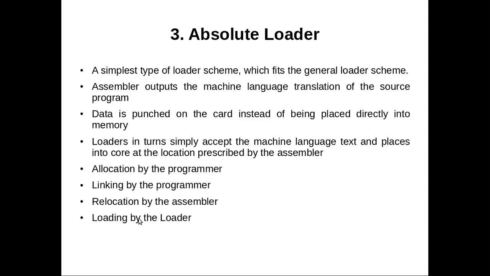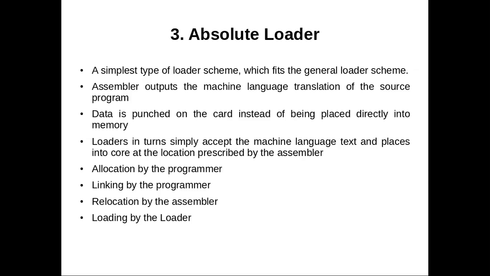Why is it called absolute? Whatever address we have mentioned in the program, the loader will load the program into that absolute address only. Whatever absolute address is mentioned in the assembler program by the programmer, the absolute loader will load the object program exactly into that address. That's why it is called the absolute loader.